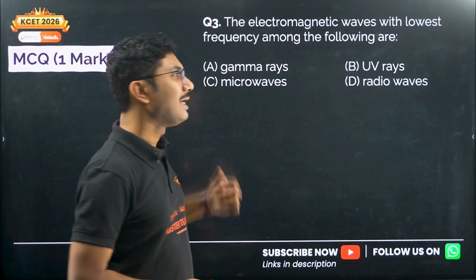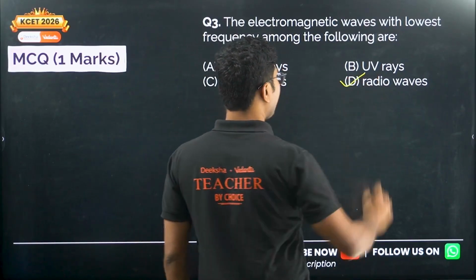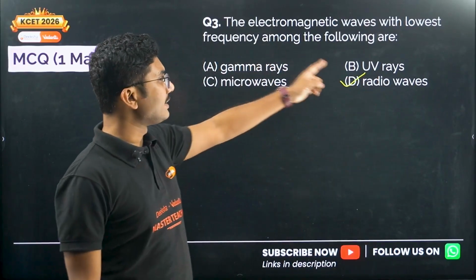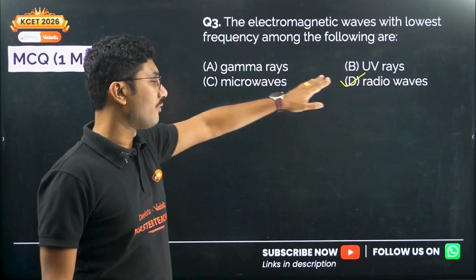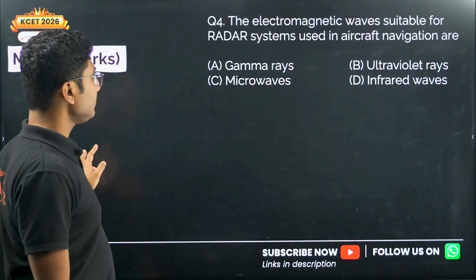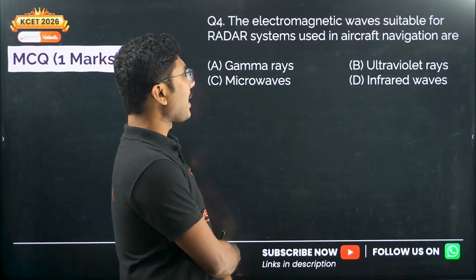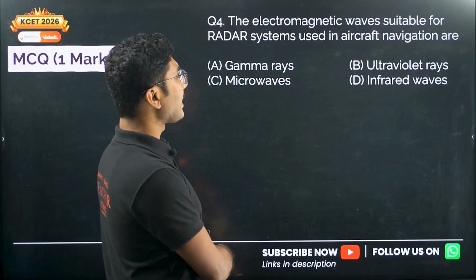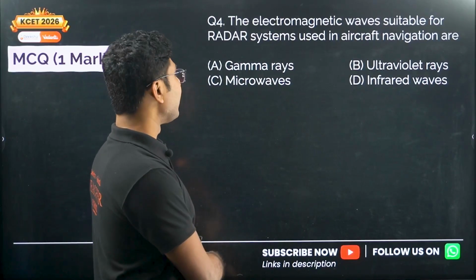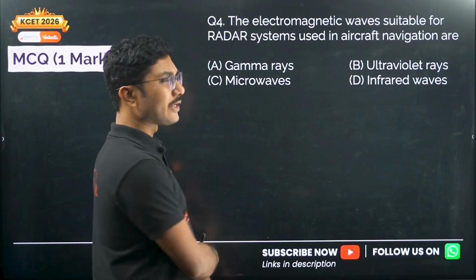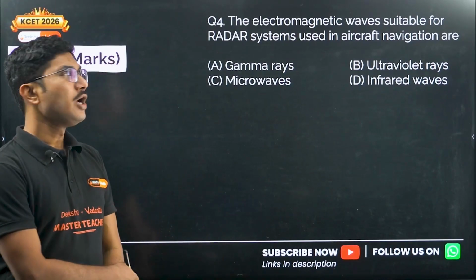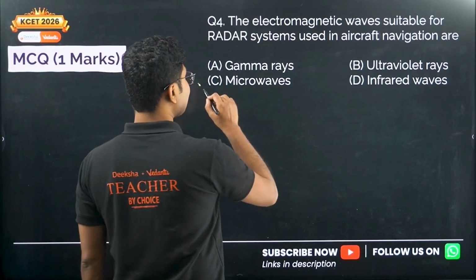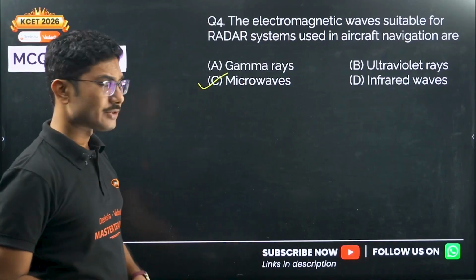This has highest frequency, this has lowest frequency. Everything is in between. Next question, the electromagnetic waves suitable for radar system used in aircraft navigation are. In radar systems we generally use microwaves. Microwaves are very commonly used in radar systems. So microwaves is the correct answer.